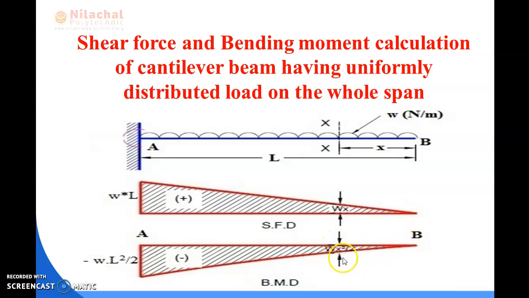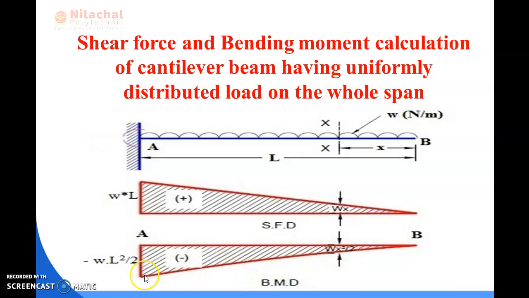Then the point of the bending moment we should mark at the lower part of the reference line. Here we will get a point of bending moment for XX section. This point denotes the WX square by 2 value.